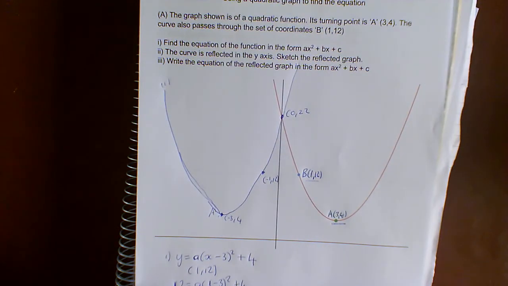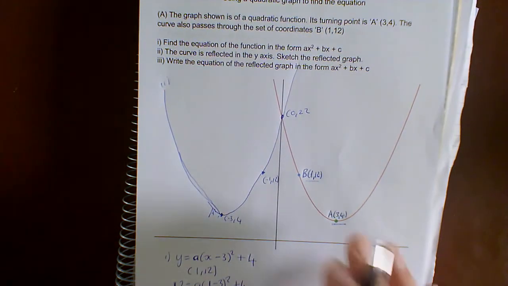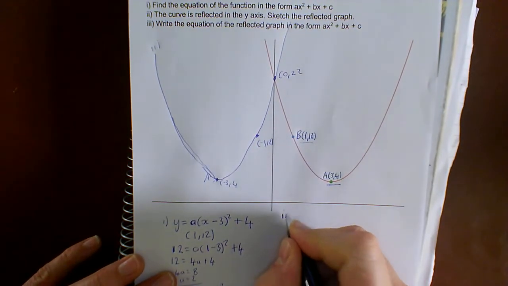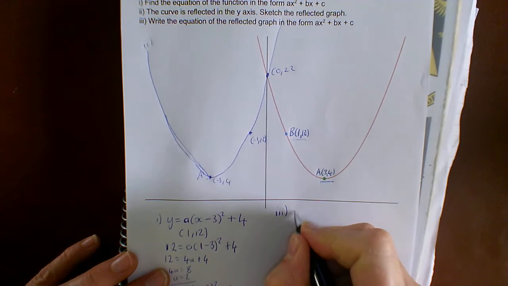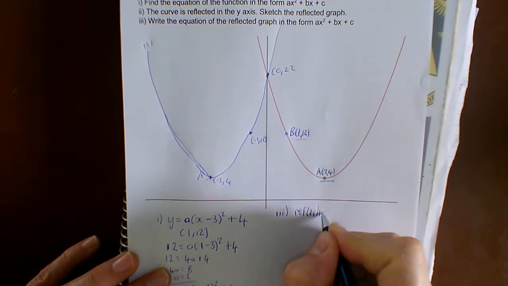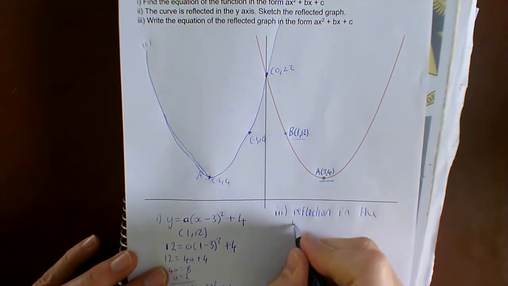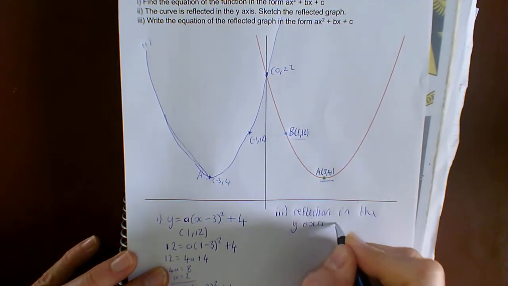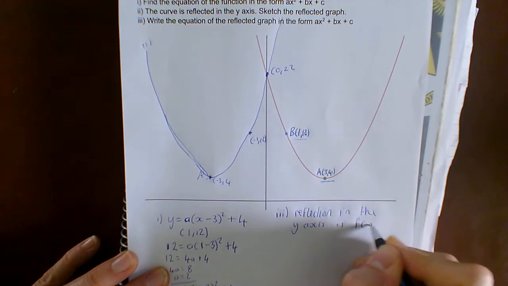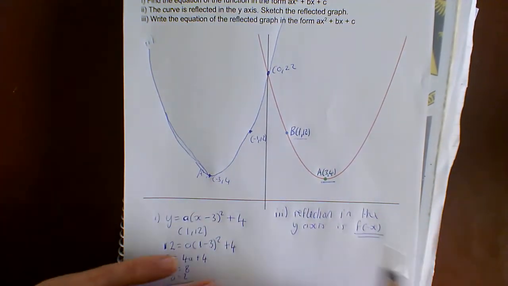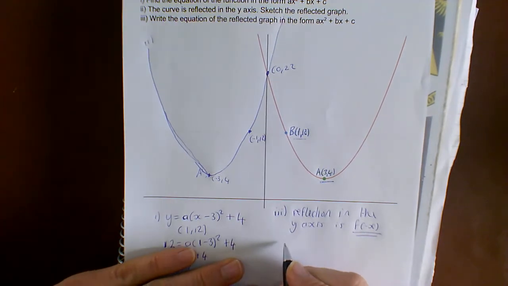Okay, now what is the equation? Well, hopefully we remember that reflection in the y-axis is f of negative x. So what can we do?